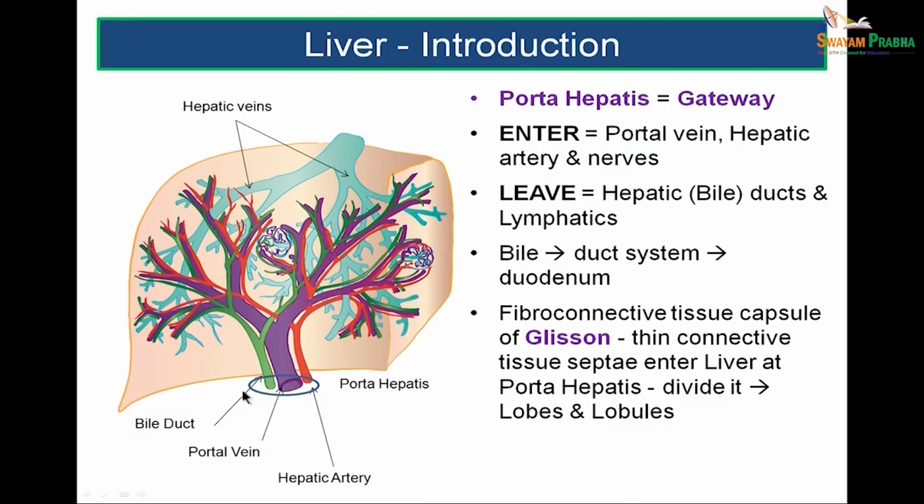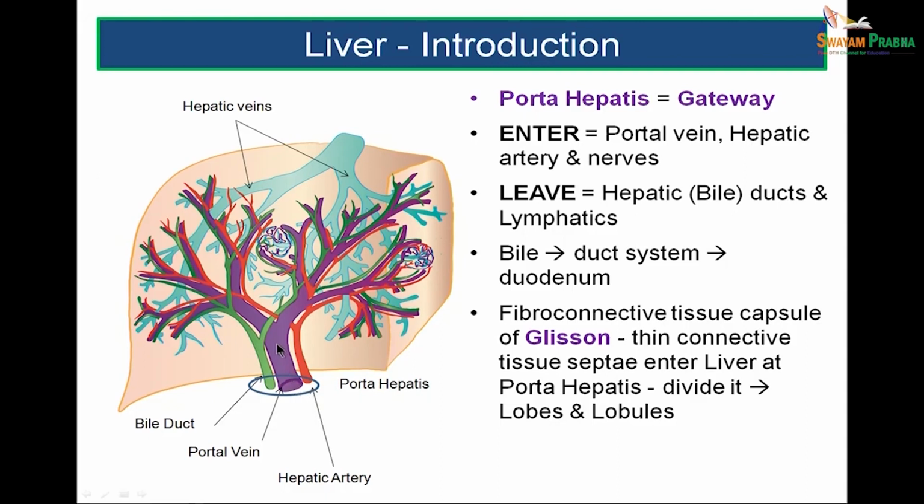There is a site at the inferior surface of the liver. If you see in this diagram, it's called the porta hepatis. Porta is like a port. It's a site where structures enter or leave. At the porta hepatis, what are the structures that enter?